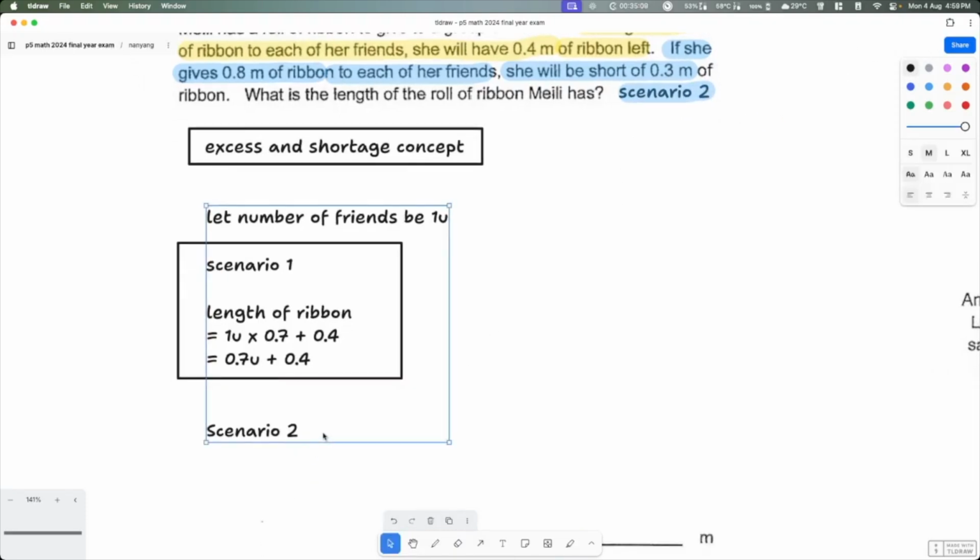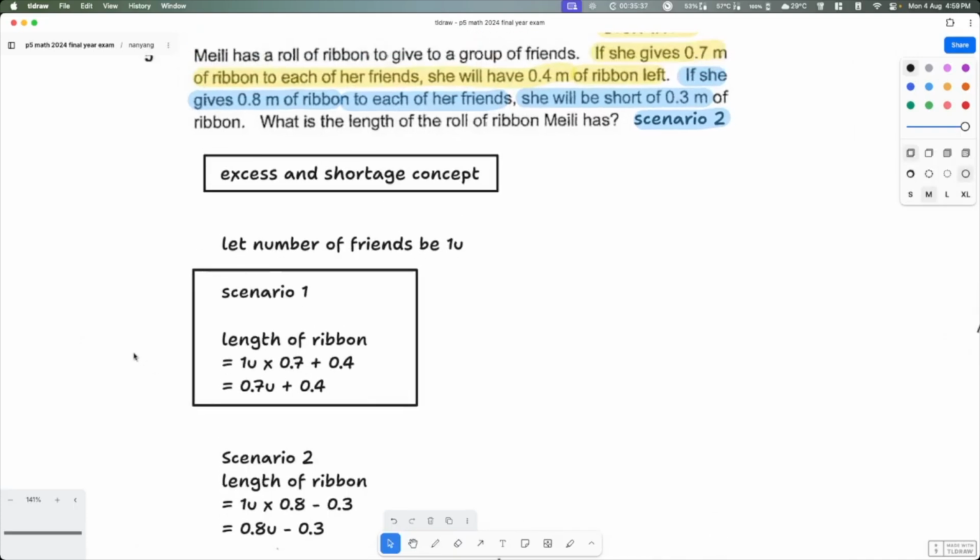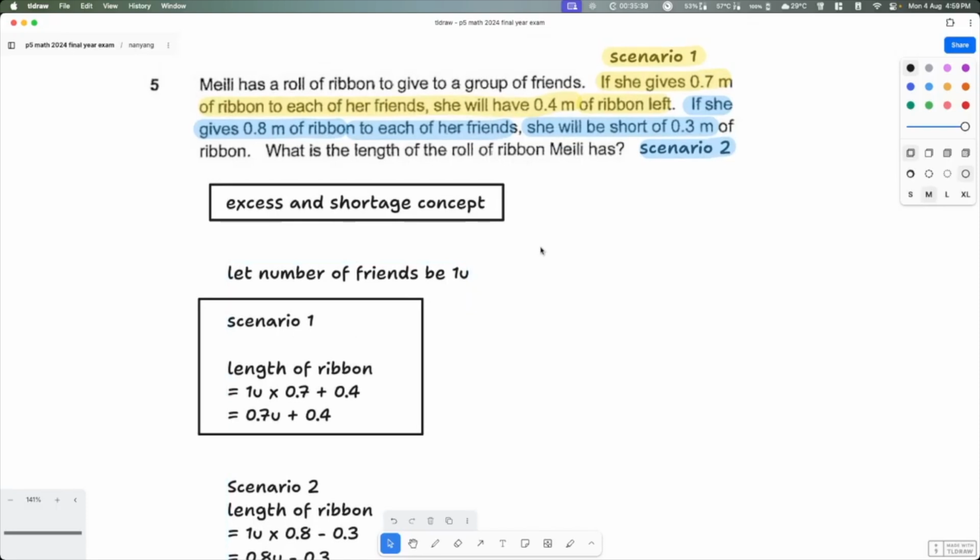So for scenario 2, that means the length of ribbon will be 1 unit multiplied by 0.8, and she'll be short, so minus 0.3. This will be 0.8 units minus 0.3.